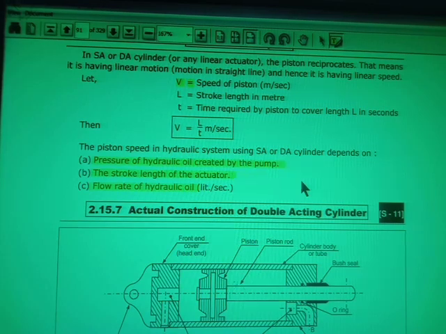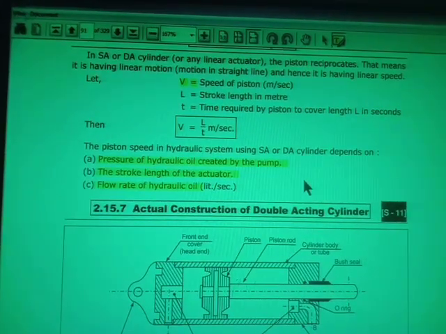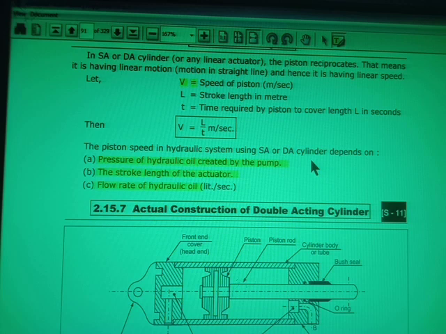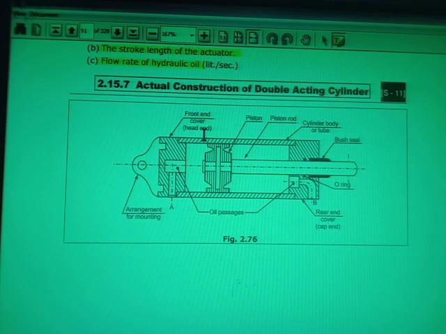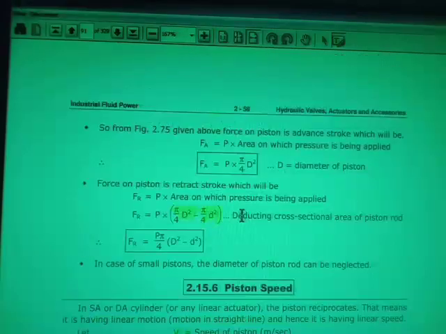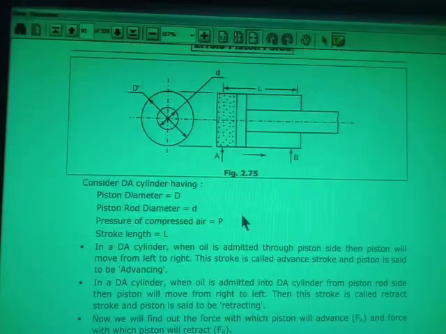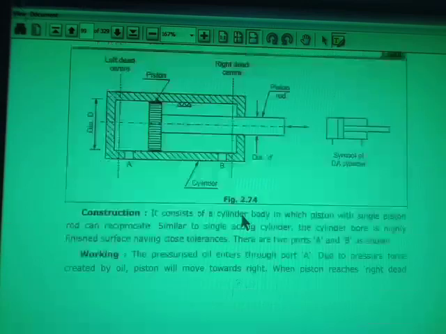Now, after understanding the force exerted for the extension, the force exerted for the return, and how the velocity is calculated, we will see the actual construction of the double acting cylinder. This diagram is the symbolic representation.